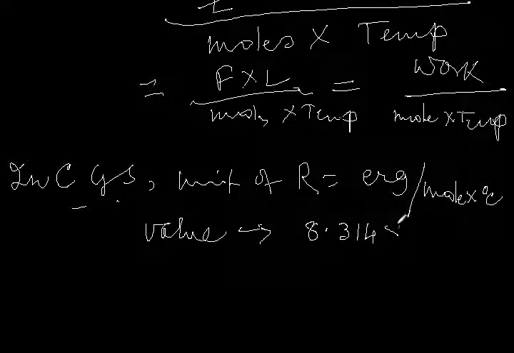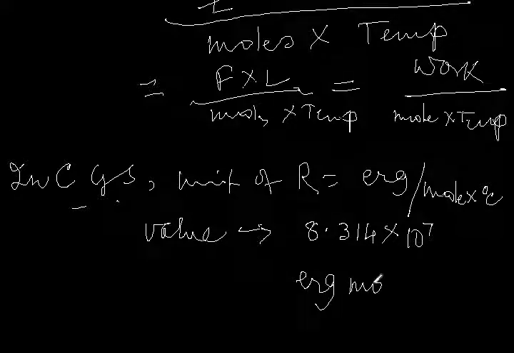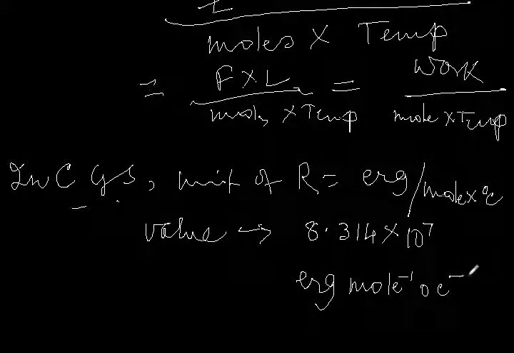8.314 into 10 to the power 7 erg per mole per degree Celsius, can be written as mole inverse degree Celsius. This is the CGS unit of R, and this is the CGS value of R, 8.314 into 10 to the power 7 erg per mole per degree.